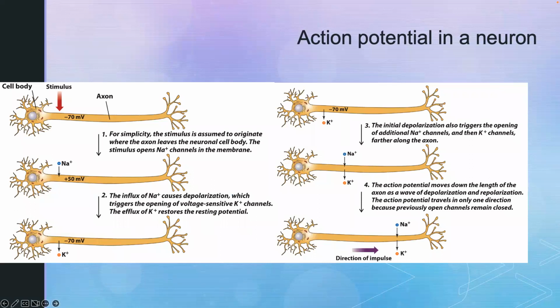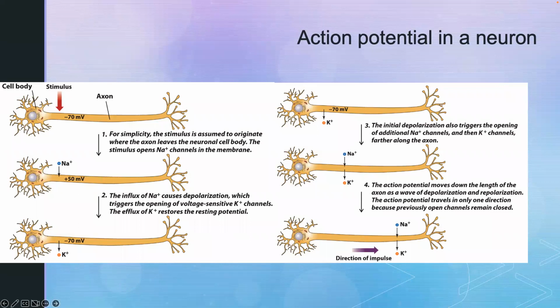The membrane potential is going to change with these openings of the different channels. Then that initial depolarization is going to trigger the opening of yet another sodium channel, and then again a potassium channel. That just continues down the neuron, almost in a wave pattern, and so the action potential will move down the length of the axon.